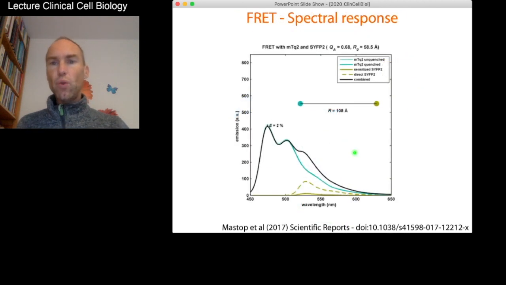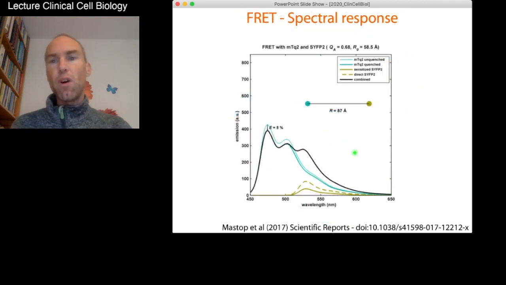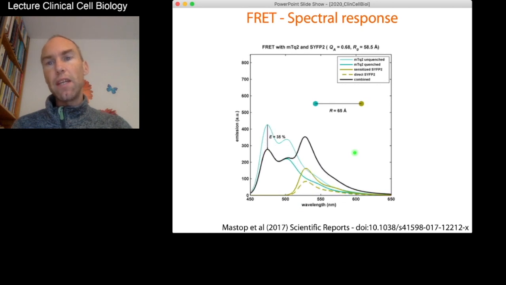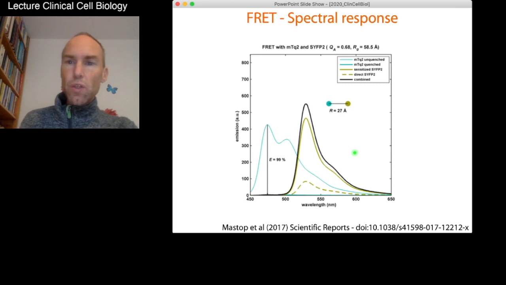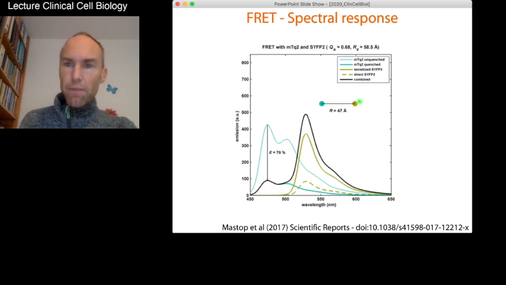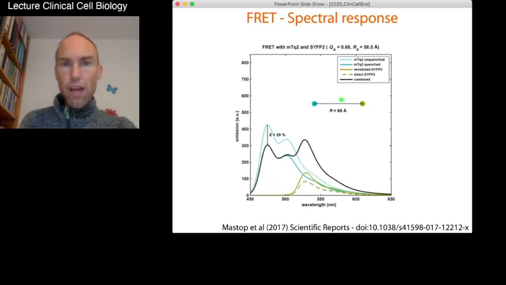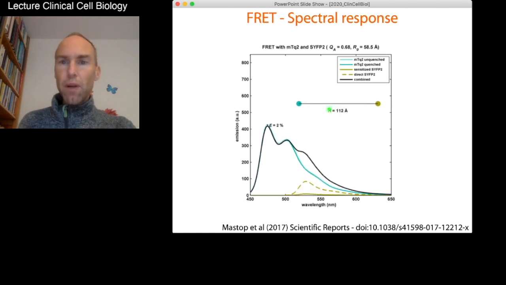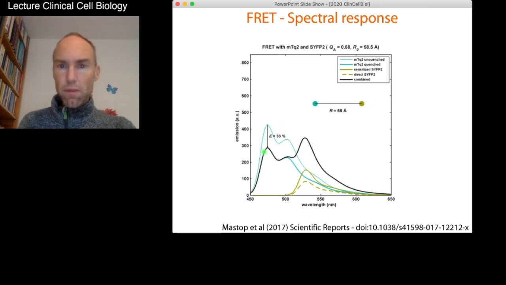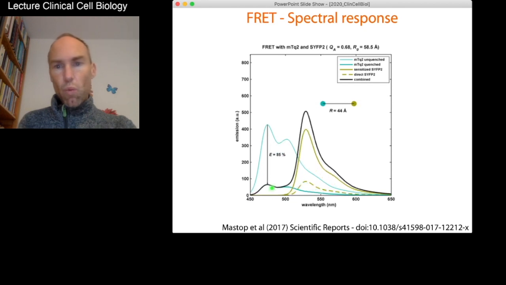This is a cartoon model of spectra, and they illustrate what happens when FRET occurs. So what you see here are the CFP and YFP molecules and their distance. And if you bring them close together, what you see in the spectra is that this peak starts to collapse, while the other peak rises.